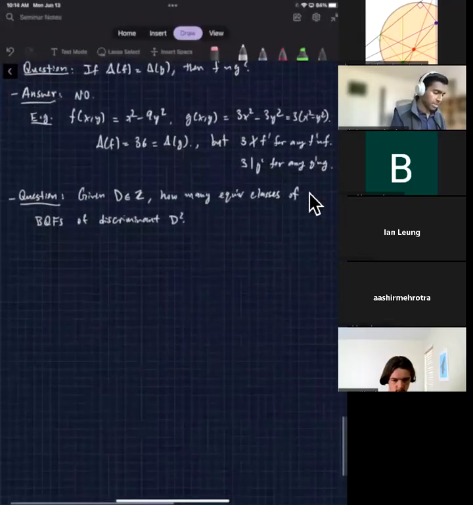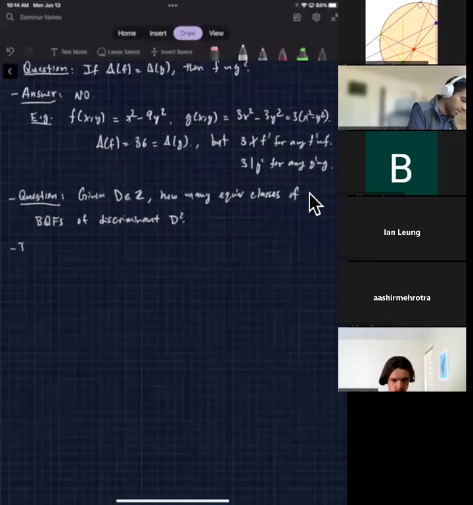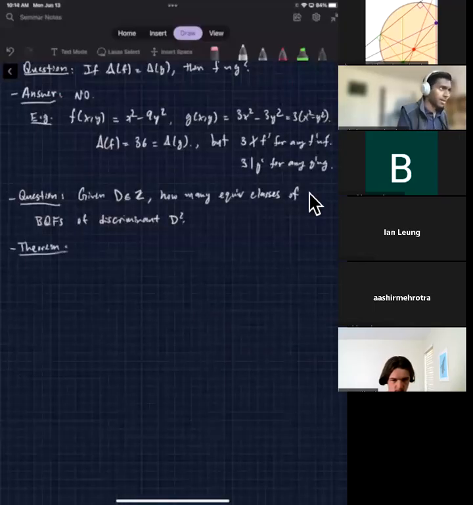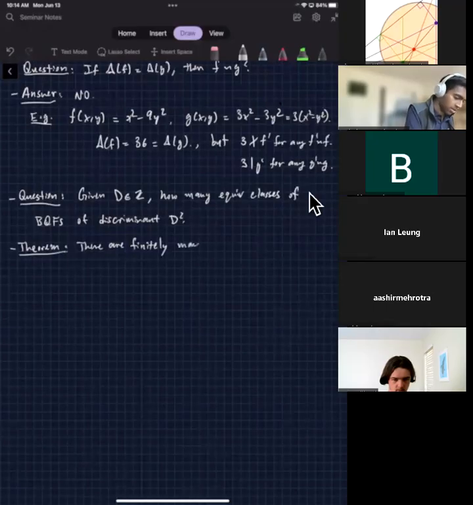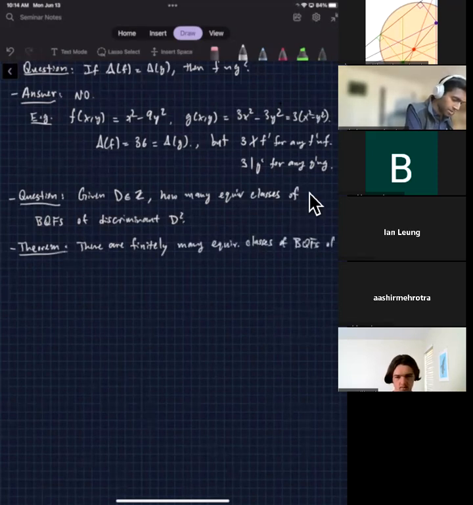And regarding this question, we have the following second main theorem of the talk, which is that there are always finitely many equivalence classes of BQFs of discriminant D.